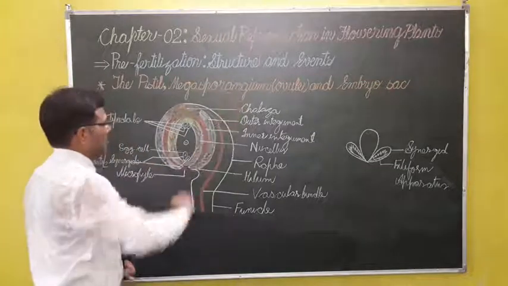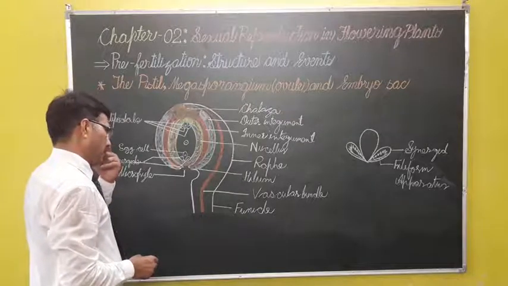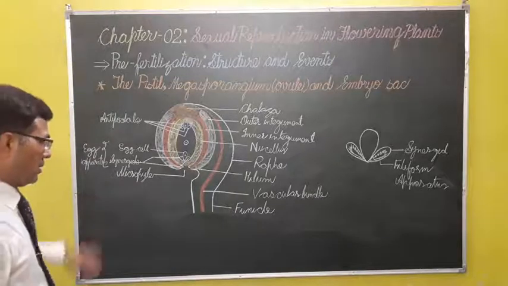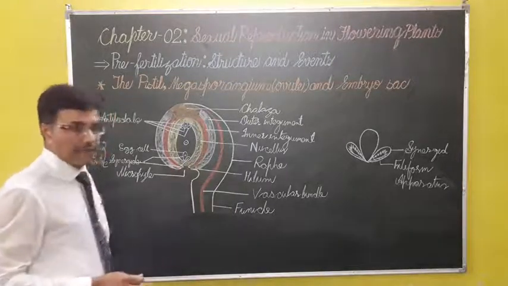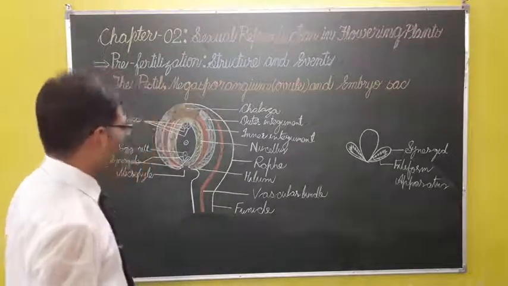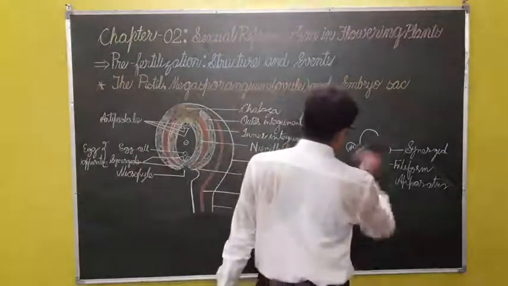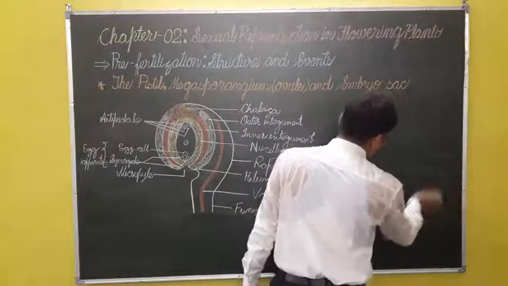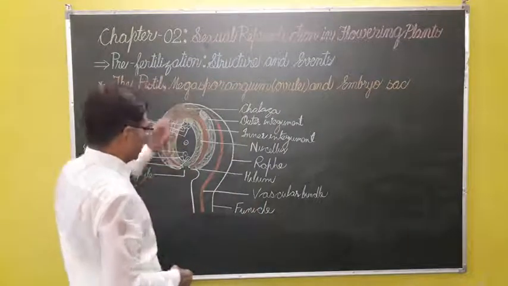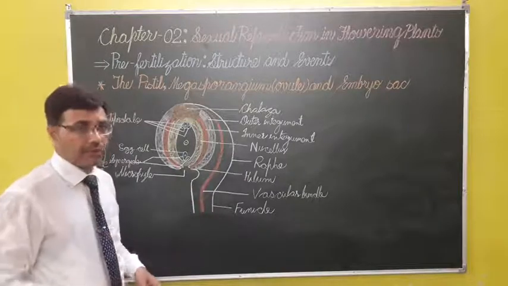Now, this ovule is actually a typical ovule I have drawn right now. In this ovule, as far as the mutual relationship of the position of the chalaza, the micropyle and the funicle, 6 types of ovules are found.